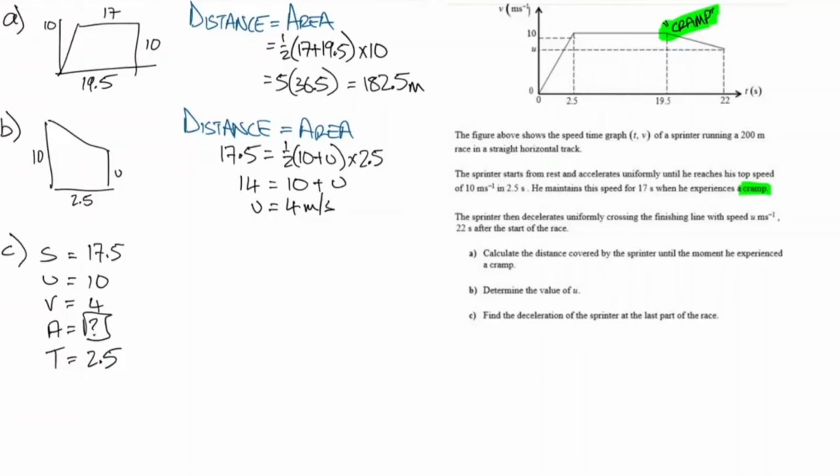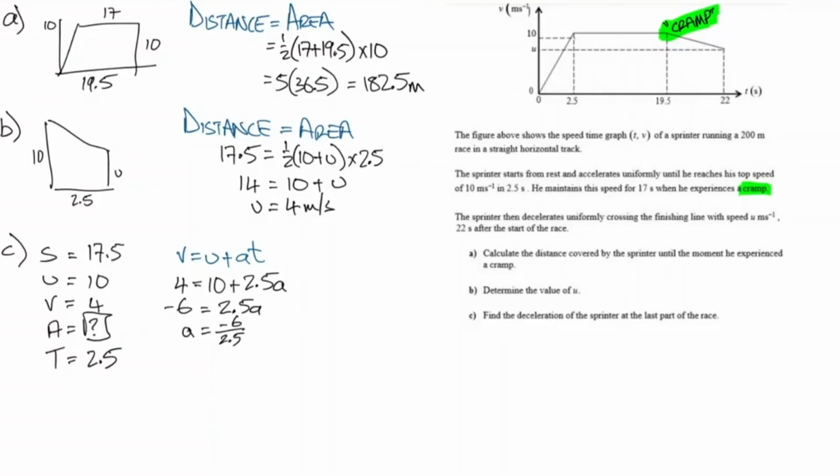I need to find a, and I have all of the other variables actually. So I have quite a few formulas to choose from. I'm going to go with v equals u plus at, a straightforward choice. Substituting in the values that we know, 4 equals 10 plus 2.5a. Rearranging, we get negative 6 over 2.5. And this is going to lead to our answer.